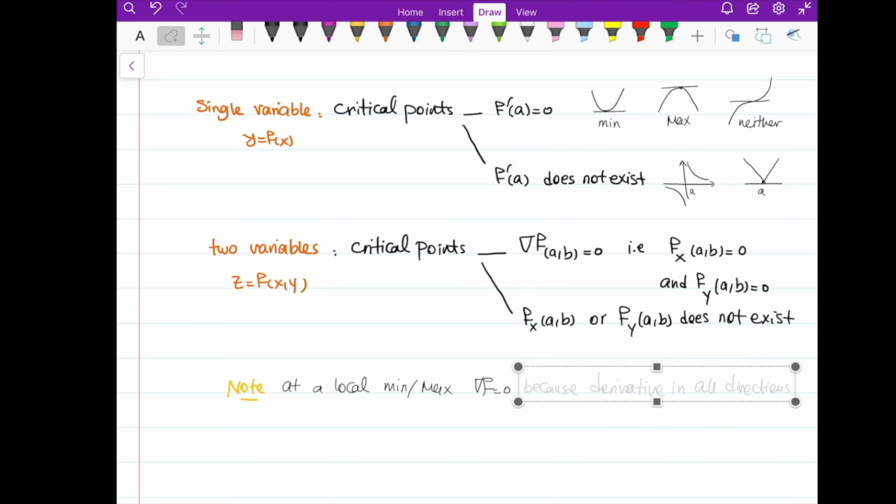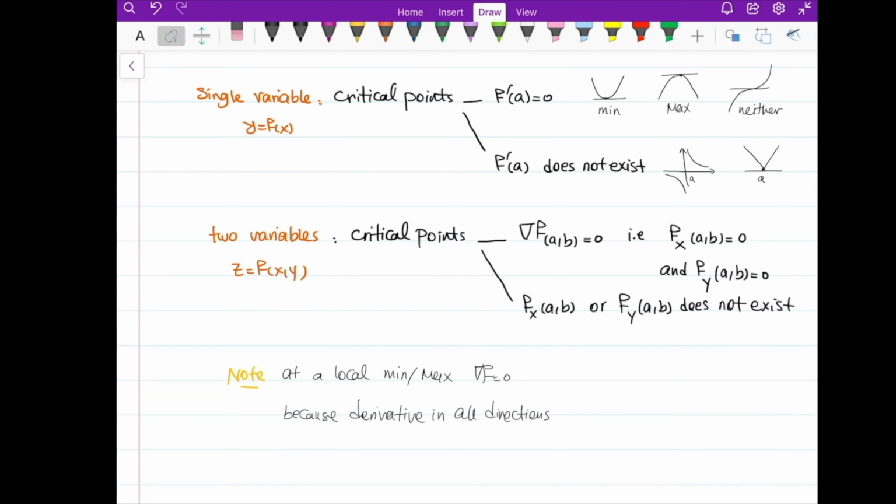Let me move this line in here, because derivatives in all directions is 0, which means that the directional derivative of f in all of the directions at the point of local min or max is 0. Okay, very good.